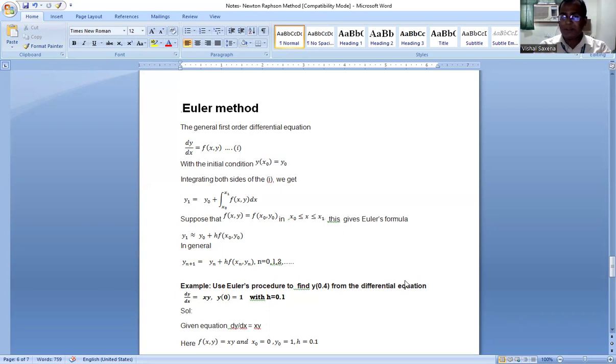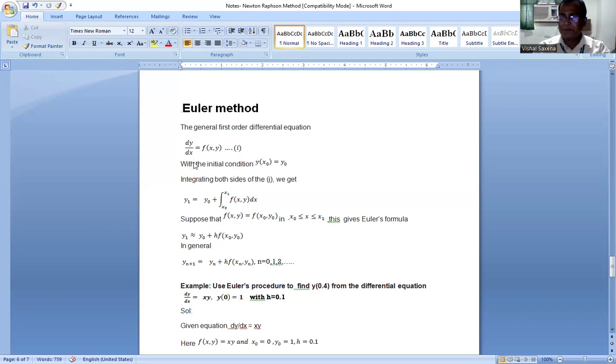In Euler's method, we have a differential equation of first order. It is an ordinary differential equation dy by dx is equal to f(x, y), where y is the dependent variable of x and x is called the independent variable.